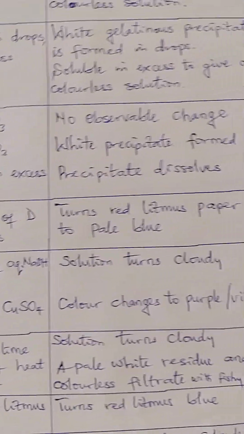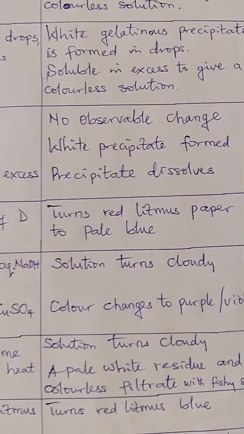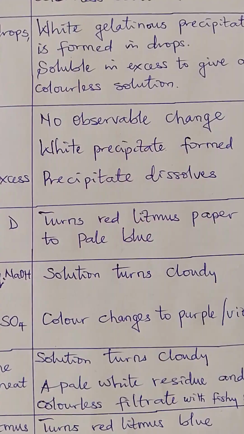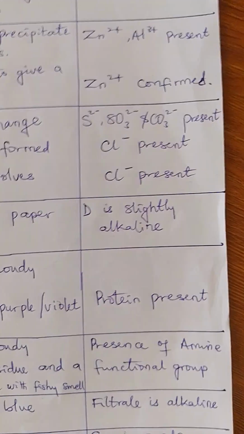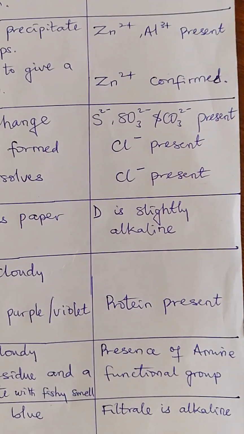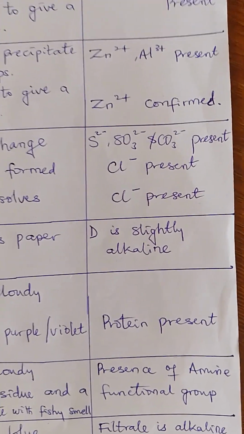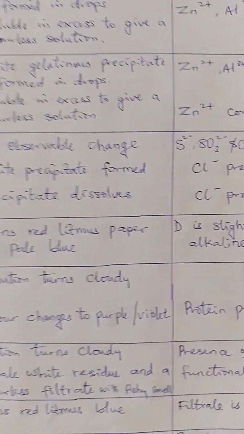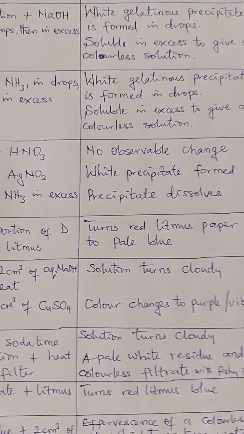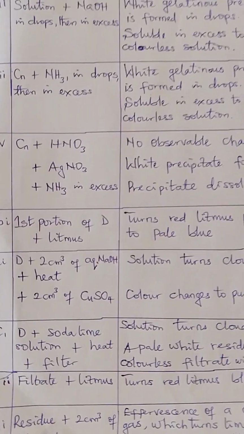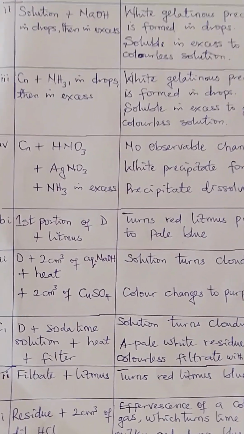Of course, you have to make your litmus paper damp. From what I observe, it will turn red litmus paper to pale blue. And when it turns it to pale blue, that shows that the sample is slightly alkaline.